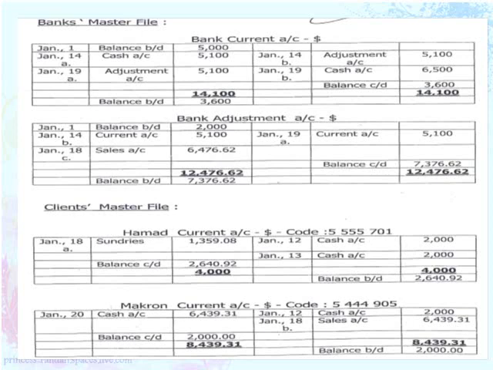Then he has withdrawn or received the cash from the SBC in the amount of $6,439.31. These were received by him in cash, in foreign cash, in dollars. And finally we have a balance remaining to him, which is $2,000, carried down and brought down.